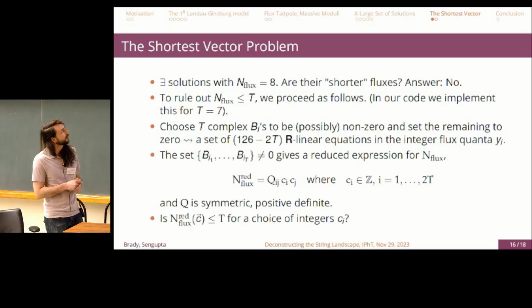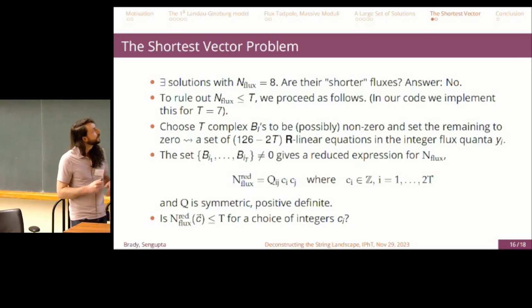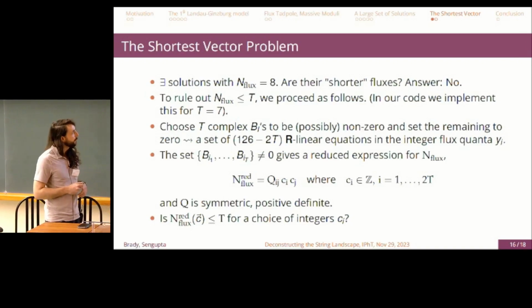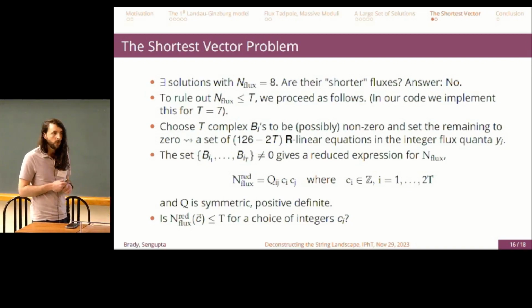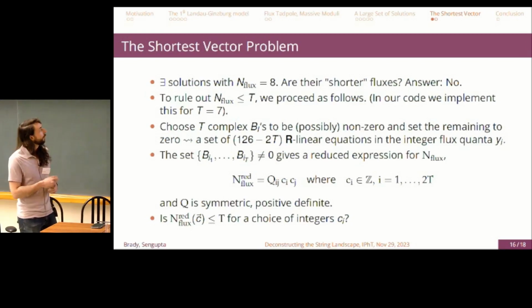these by looking for specific tadpole flux values that are less than. So we turn on order by order, and this is allowed because the minimum contribution that they have is 1. So turning on 1 should at least contribute 1 to the tadpole flux.